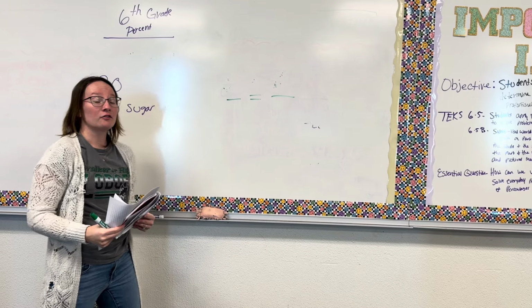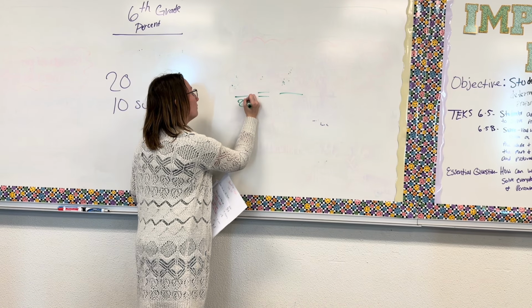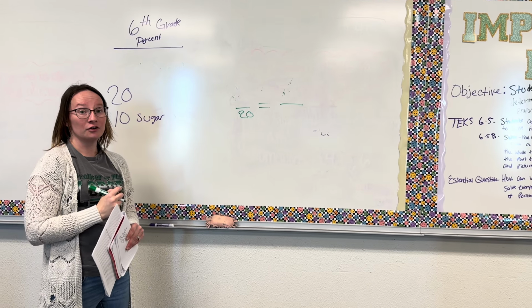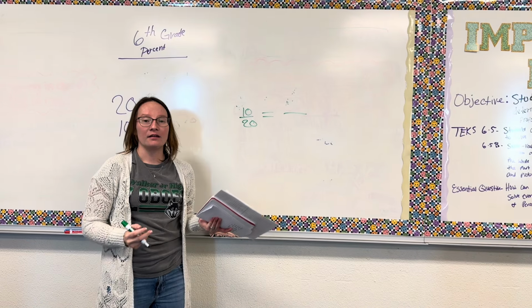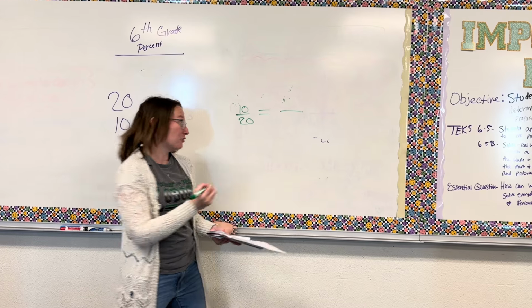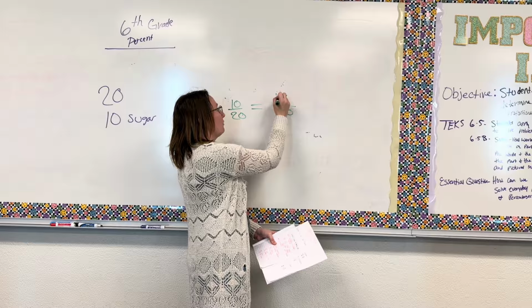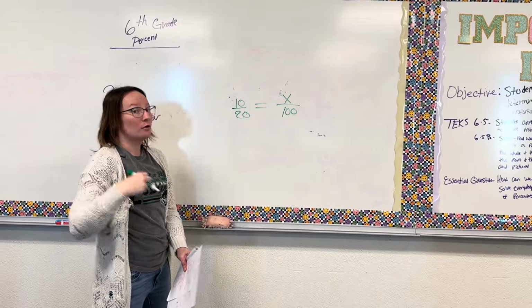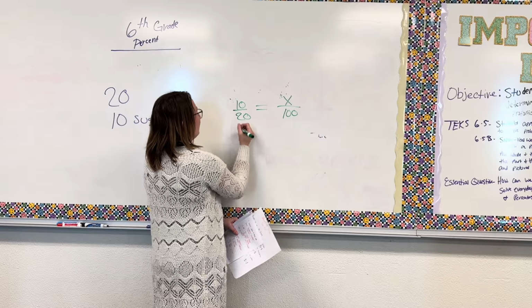Okay. And then what is our total number of cookies? 20. And how many of those cookies are sugar? Yes, 10. And then what did we just say that a percentage is out of? 100. Very good. And our mystery number is always represented by X. So who can tell me what we should multiply first? Yes, I would probably go 100 times 10.